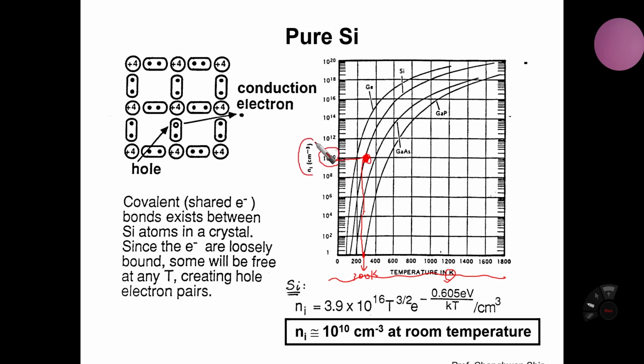The y-axis indicates n sub i in the unit of number per cubic centimeter. The i indicates intrinsic. Intrinsic means pure. So solely silicon atoms are used to build up the crystalline silicon material. You can say that this is pure silicon or intrinsic silicon.